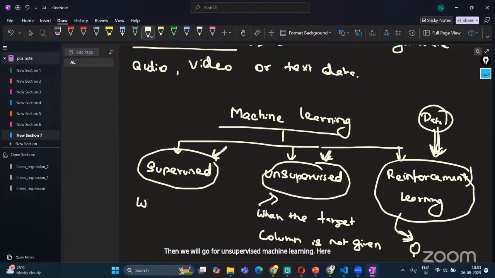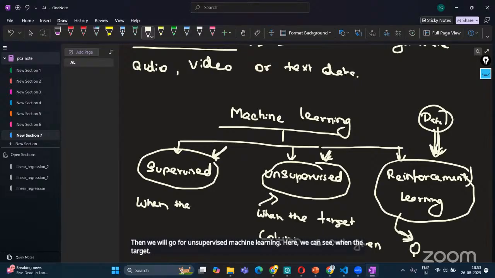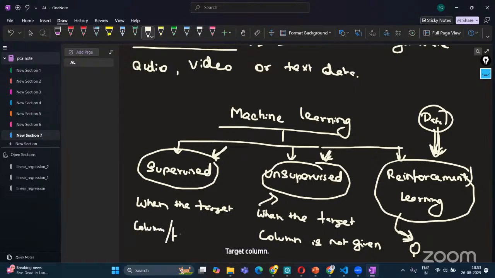And when the target column, or we can say feature, is given, then we will go for supervised.